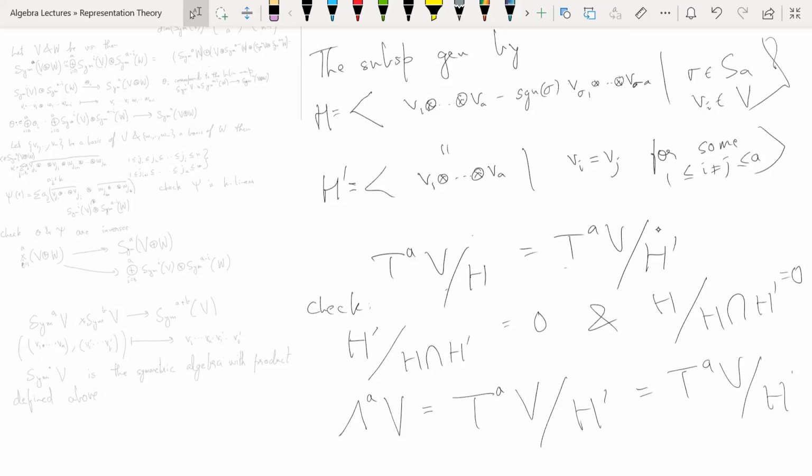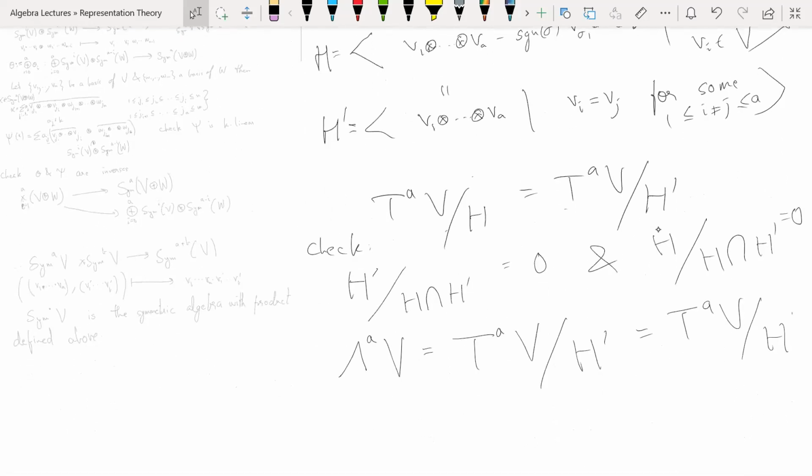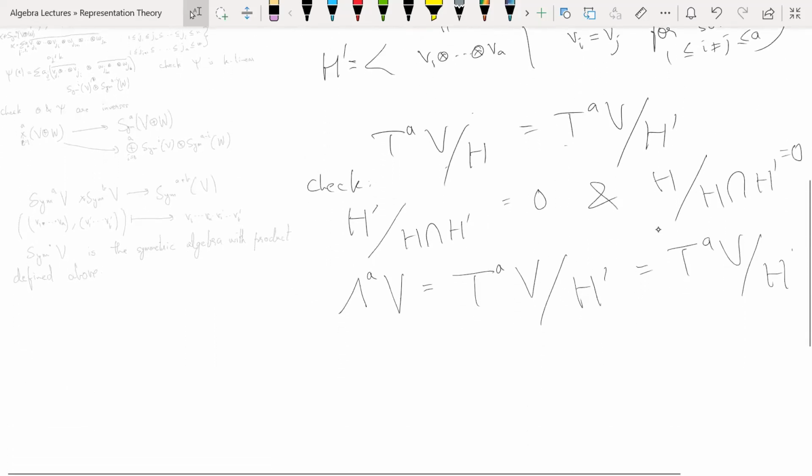You are trying to give me a basic argument for why H and H prime are the same. Sorry. Yeah. So we start with one element of H. Everything we are doing is for this two-dimensional case. Then we have xi xj, and then minus, sigma equal to i and j, that becomes plus because it's an odd permutation.